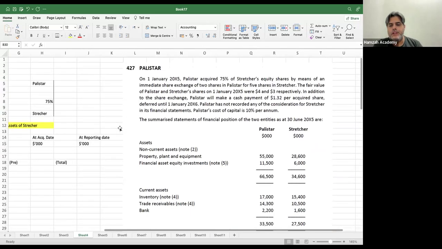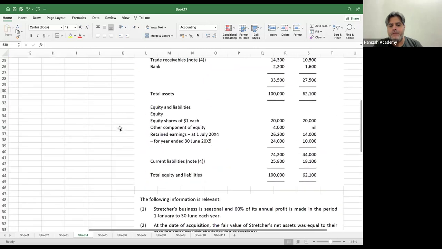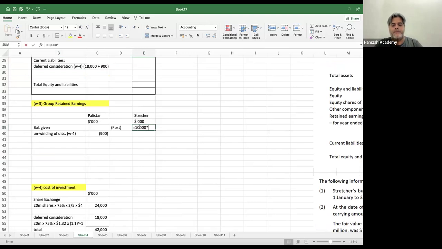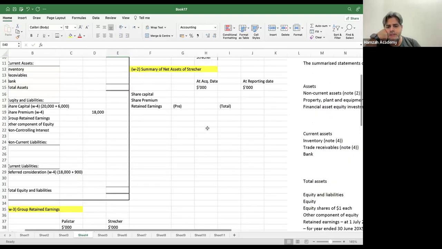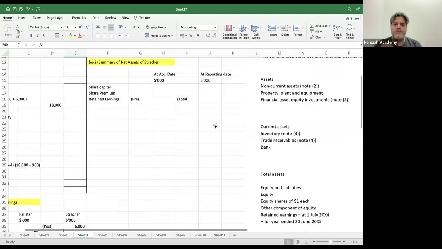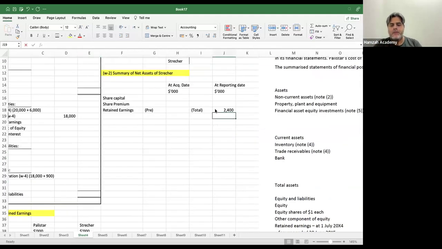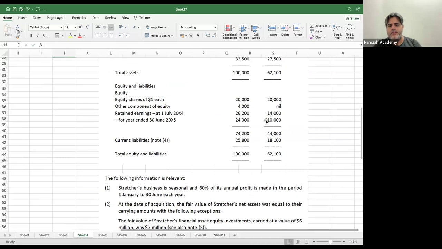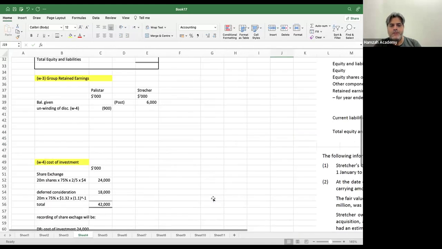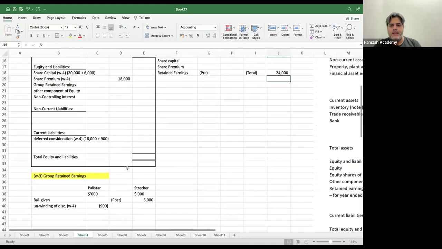So the profit is 6,000 over here in the post-acquisition period. The total profit is 24,000 over here. How 24? 14,000 plus 10,000. So if 24,000 is total, 16,000 is post.